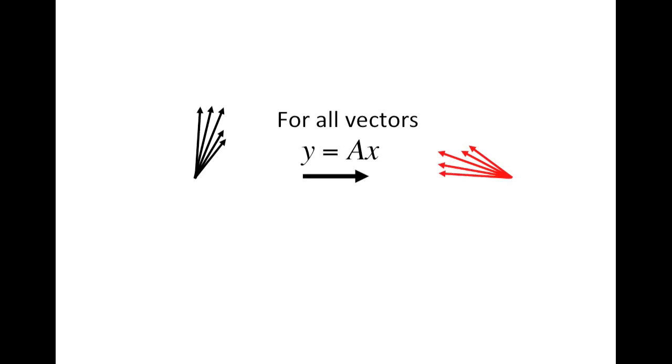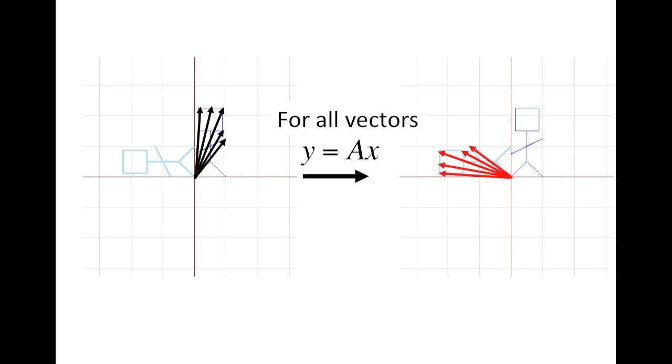But things will become much clearer if we notice that these vectors point to points on a stick figure named Timmy. So the black arrows point to points that make up the little blue figure on the left, and then the red arrows point to this figure that has been transformed, and I guess that is light blue or some color like that.